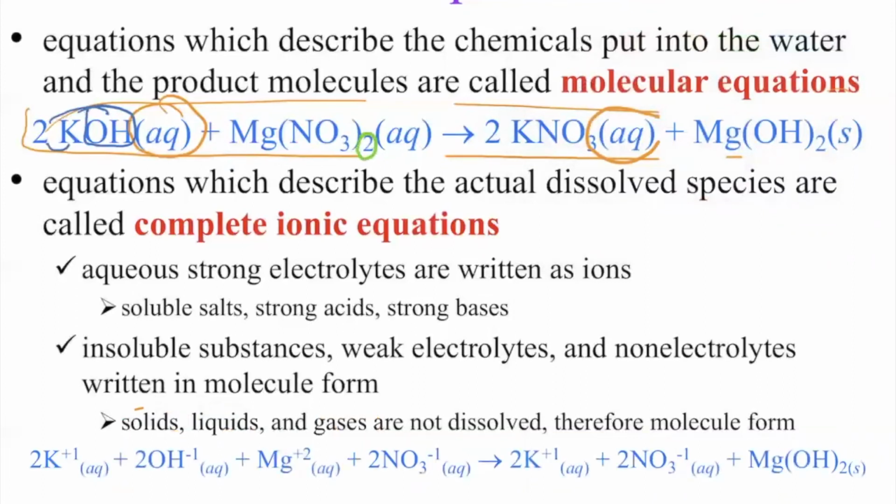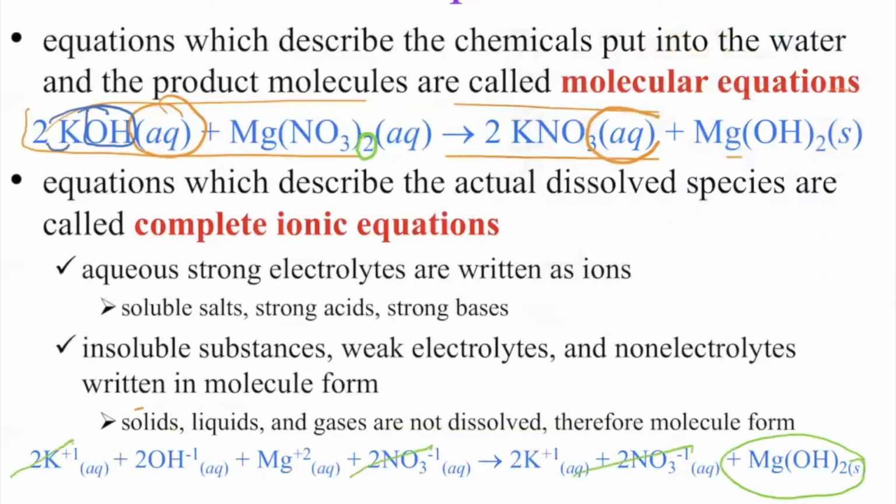Now, after the ionic equation, we have what is called the net ionic equation. The net ionic equation pretty much removes everything we did not use to make your magnesium hydroxide, or in easy terms, anything that shows up on both sides. So you're gonna cancel anything that shows up on both sides. For example, here's nitrate, here's nitrate, you cancel it.